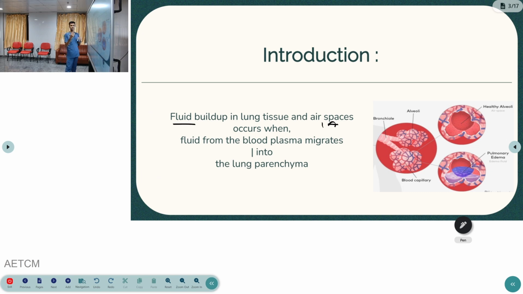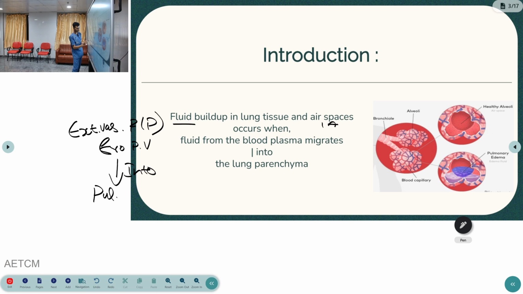Otherwise, if you want an advanced definition, you can remember extravasation of fluid, in the sense plasma, from the pulmonary vasculature into the pulmonary parenchyma or alveoli.